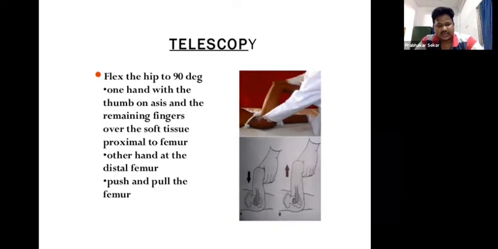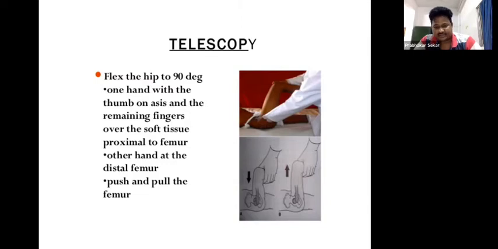So you do push and pull. If you feel the GT move, it means it's an unstable hip. It may be a case of non-union fracture neck of femur or femoral head fracture, whatever it may be.